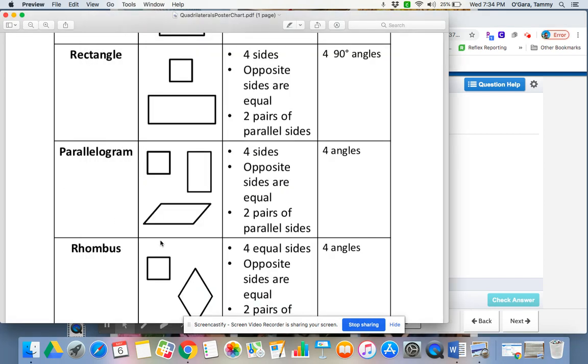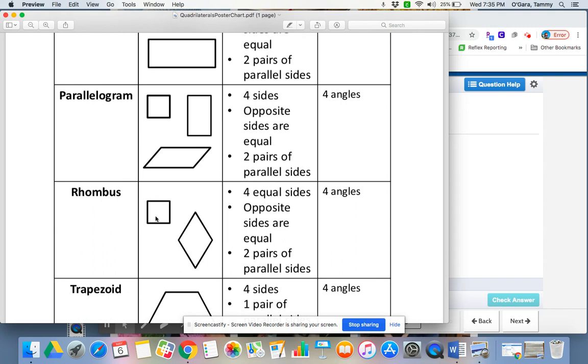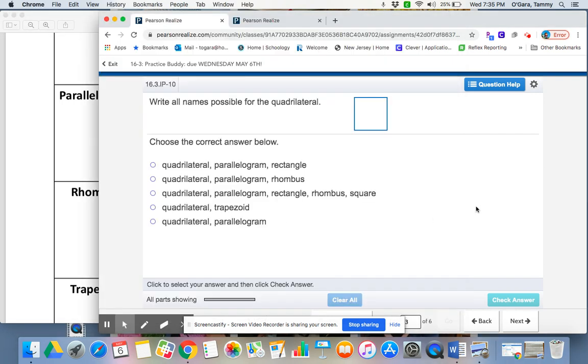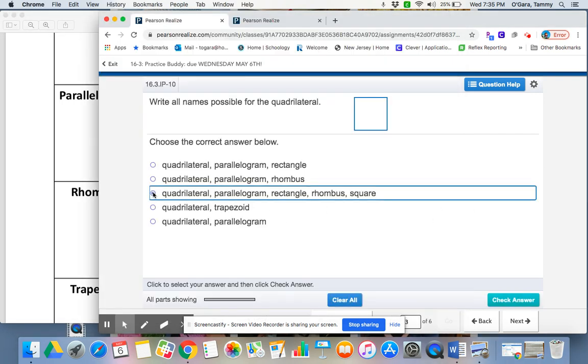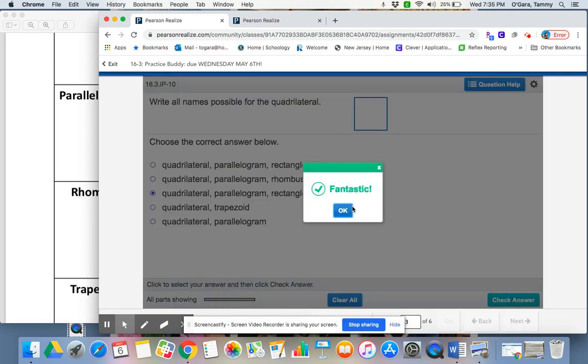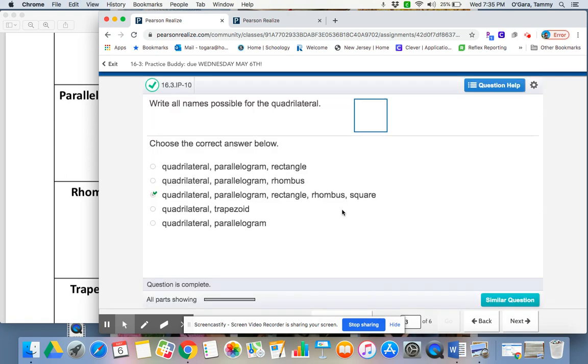And rhombus was the other one that we didn't miss. This square is also a rhombus because it has four equal sides, opposite sides are equal, and two pairs of parallel sides. So our answer is this one. It is a quadrilateral because it has four sides, parallelogram because it has two pairs of sides that are parallel, rectangle, rhombus, and square. So a square pretty much fits in every category except for the trapezoid.